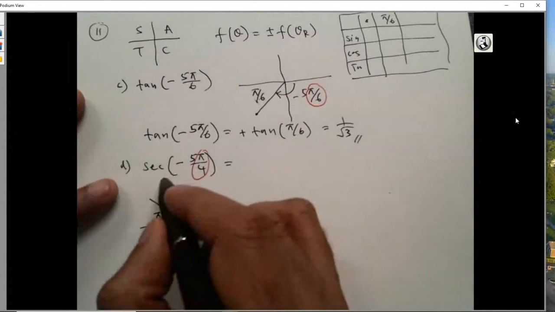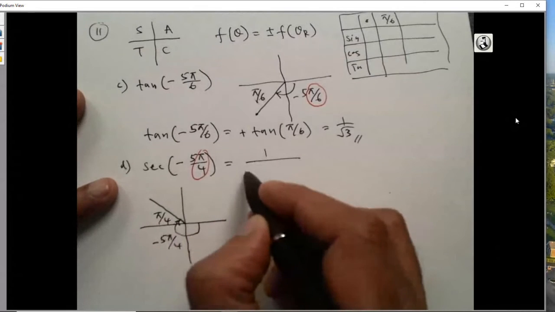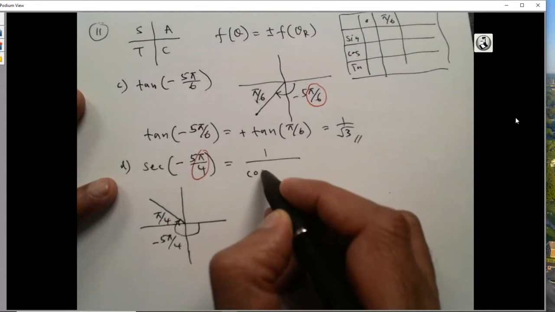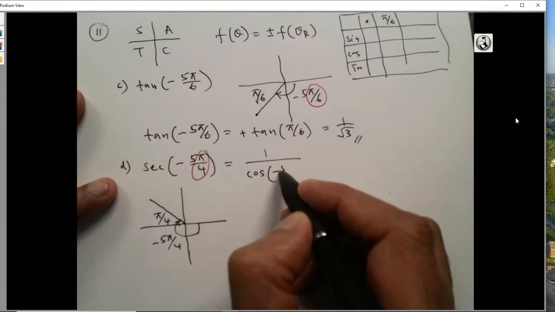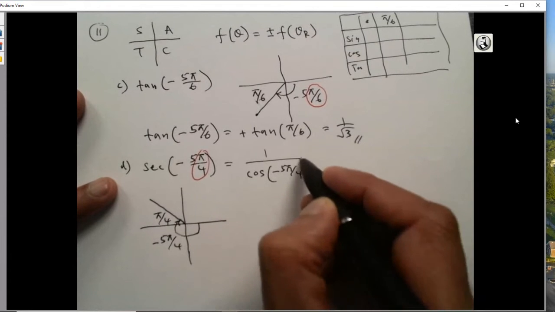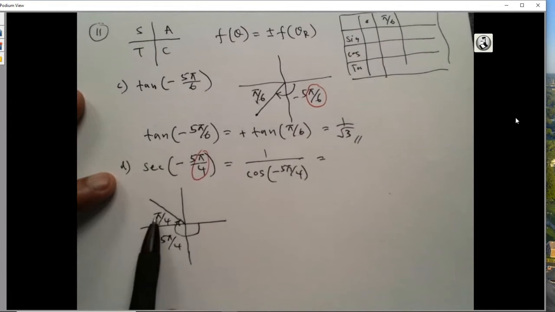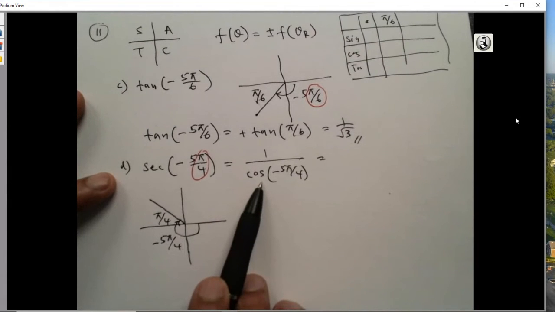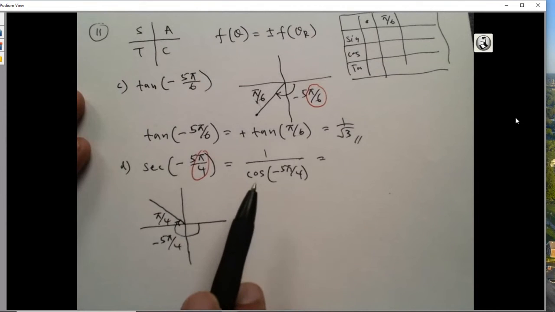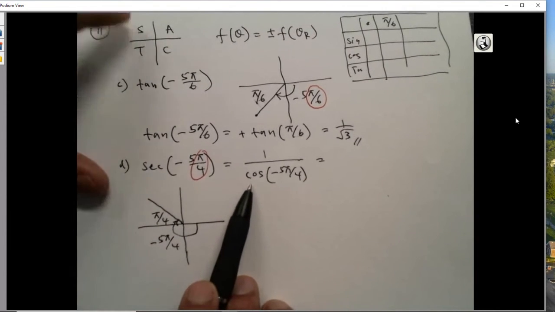So that means secant, we don't know it directly. What we do, we convert this into cosine. Now we're going to use the argument. In the cosine, you see the second quadrant, cosine, plus or minus? It's a cosine in the second quadrant, so it's a minus.